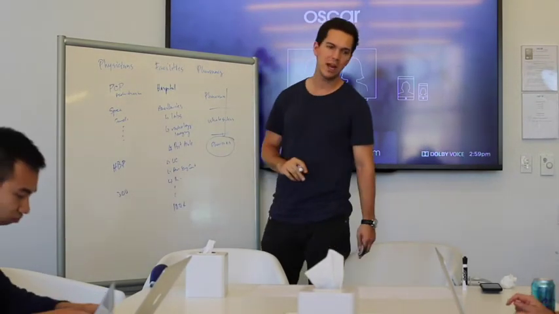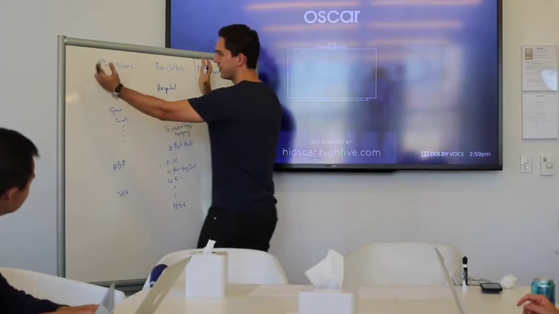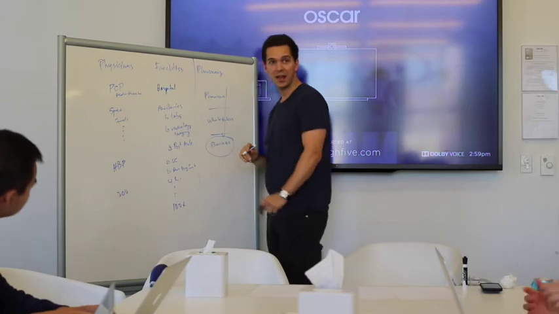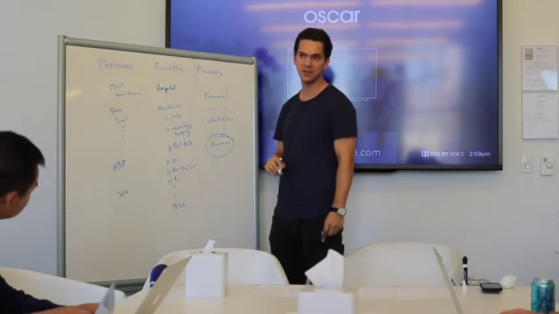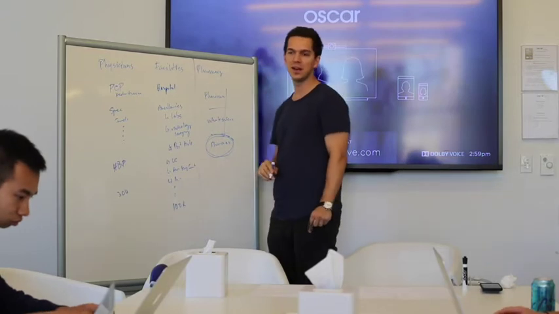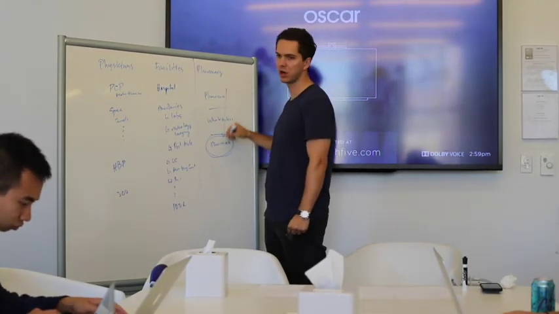And so generally when we build networks, we focus on physicians and facilities, and then we sign a single deal with a pharmacy company, in this case CVS, to get us not only their pharmacies, but also all of the drug prices.